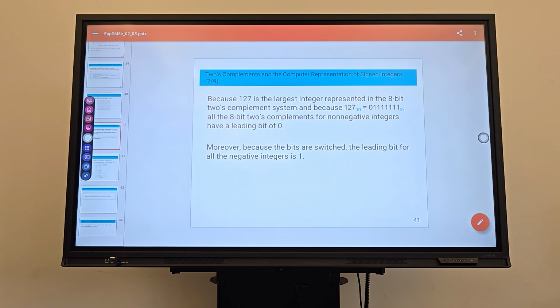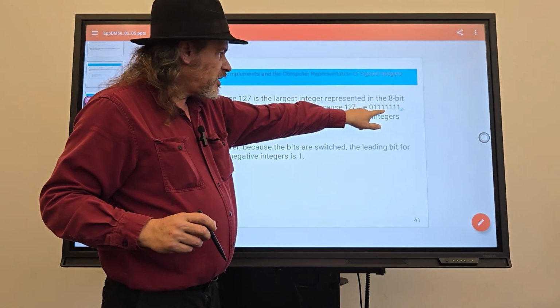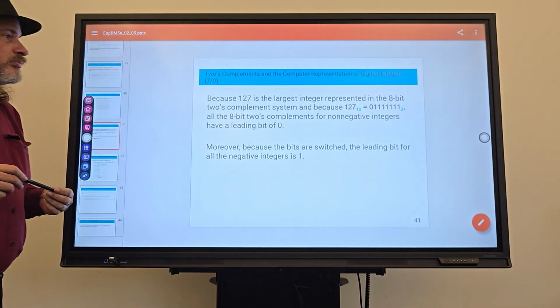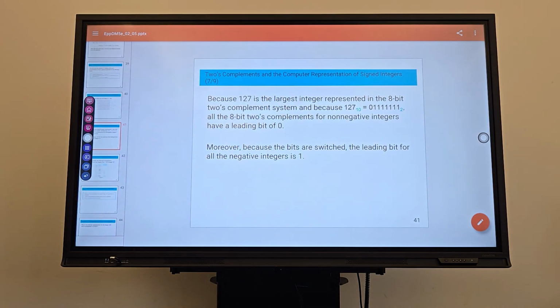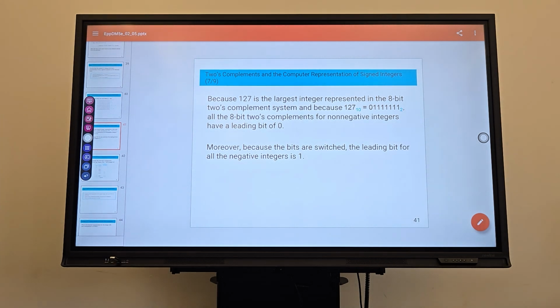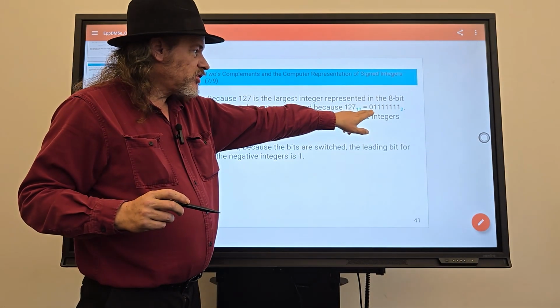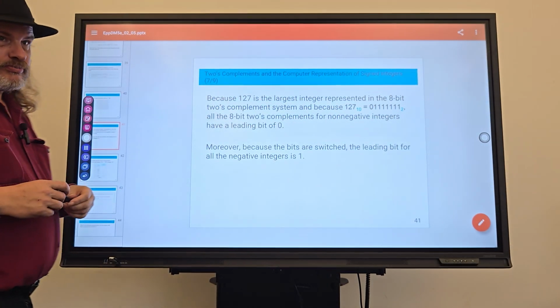The leading bit 127, represented by this binary number, is the largest integer you can represent with 8-bit 2's complement, because the leading bit is the sign bit. 0 indicates a non-negative number, and a 1 in the most significant bit location would indicate a negative number.